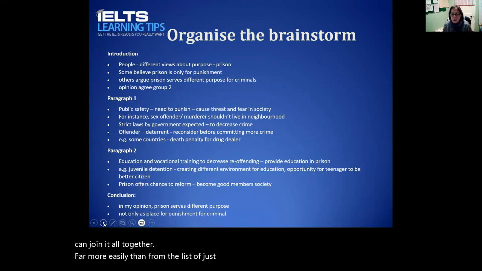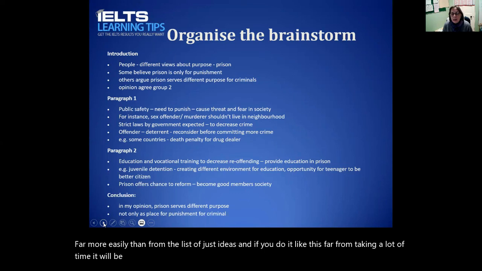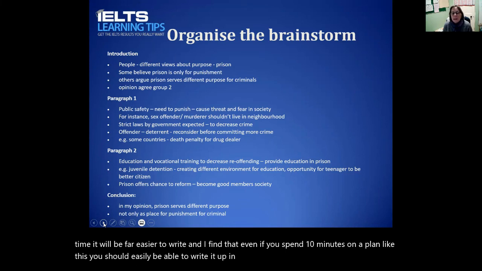And if you do it like this, far from taking a lot of time, it will be far easier to write. And I find that even if you spend 10 minutes on a plan like this, you should easily be able to write it up in another 10 minutes, if not less.